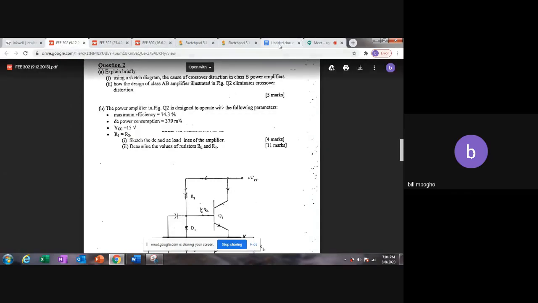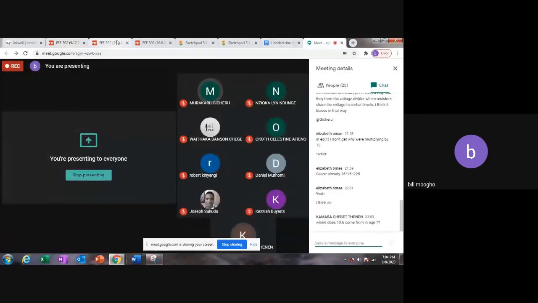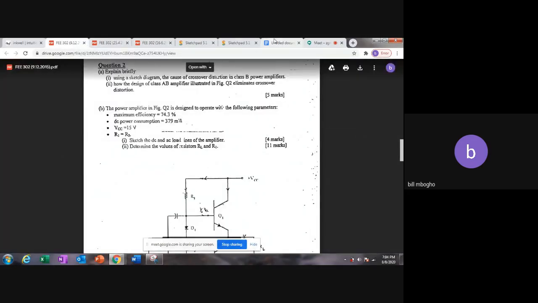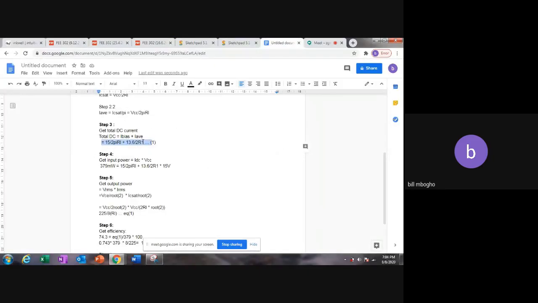Oh yeah, it's correct. That's where the 13.6 comes from. You divide by 2R1 because it's the biasing current.